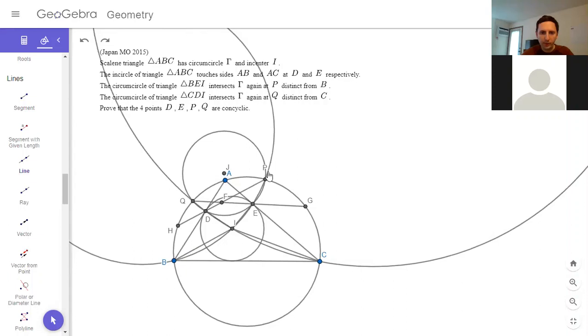So wait, angle BPI is B over 2? Yeah, that's interesting. Wait, no, that can't be. Oh, no, angle BPE is B over 2.